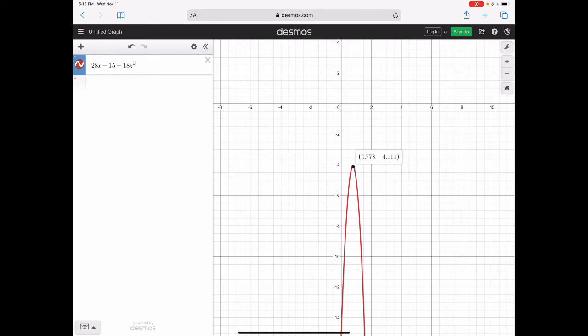So which one of those is the minimum or maximum value, and do we have a minimum or maximum? Well, since that point is the highest point of the graph, we have a maximum, and the maximum is based upon the y value. So this graph has a maximum located at negative 4.111, which if we were to round to the nearest hundredth, like the directions say, it would be negative 4.11.